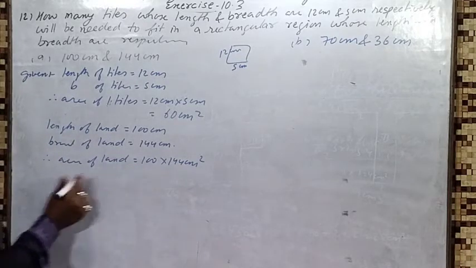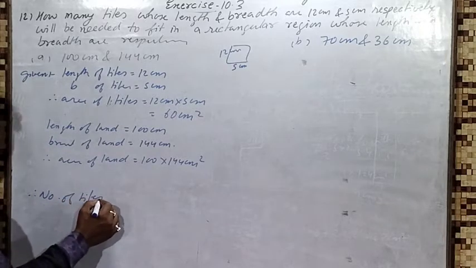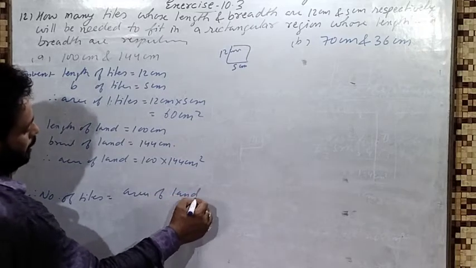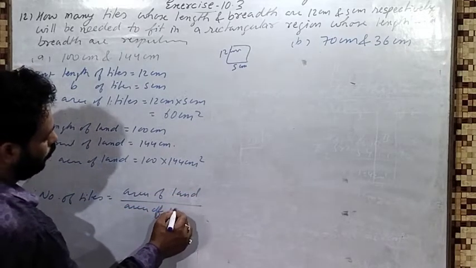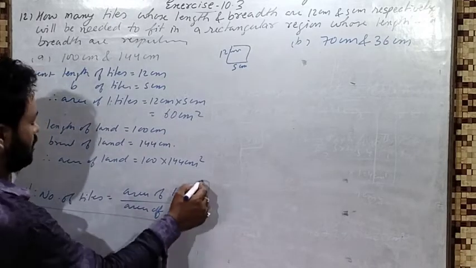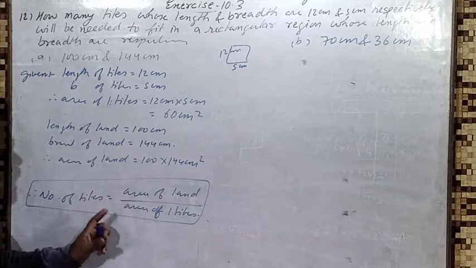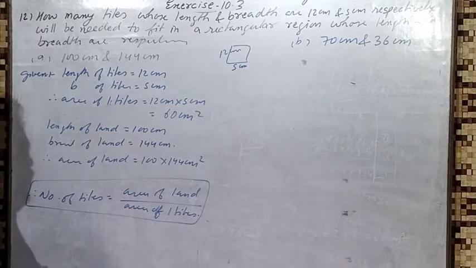To find the number of tiles is equal to area of land by area of one tile. This is the formula which we have not studied earlier, so please write this formula properly. Number of tiles or number of bricks is equal to area of land by area of one tile.